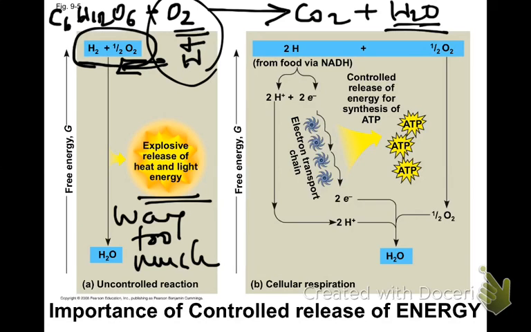So instead, the cell does the same process of combining this oxygen with hydrogen to give you water, but in a very smart way, in a series of small steps, which would be listed out in the next page.